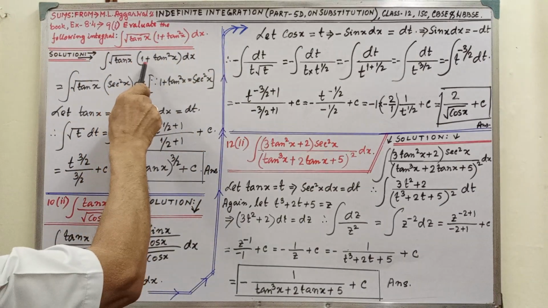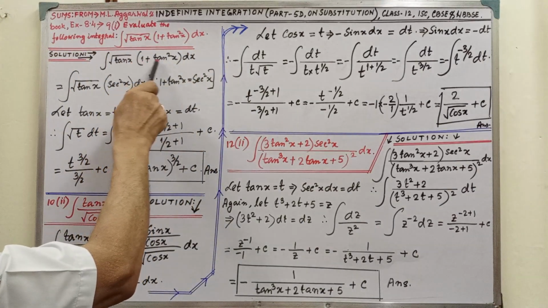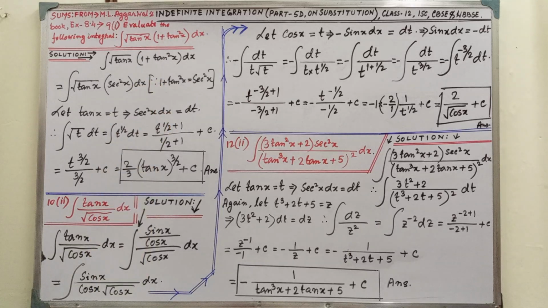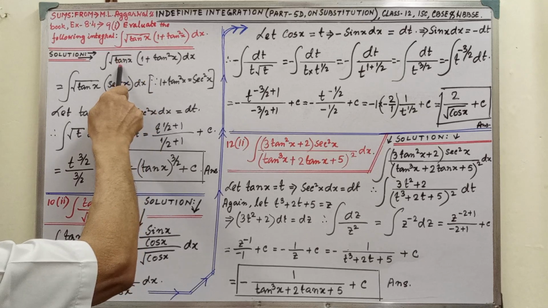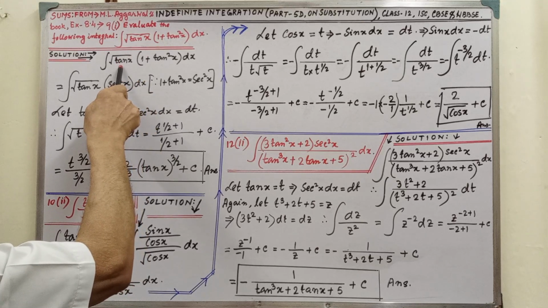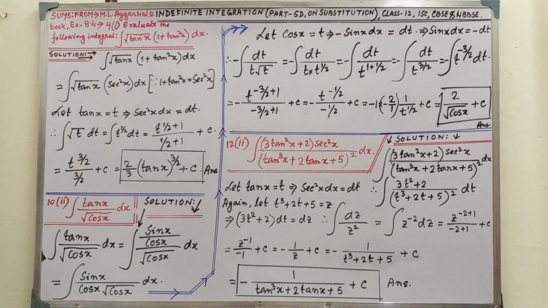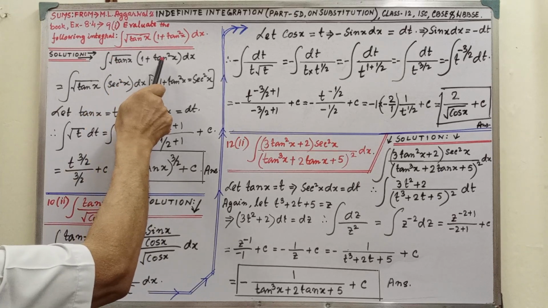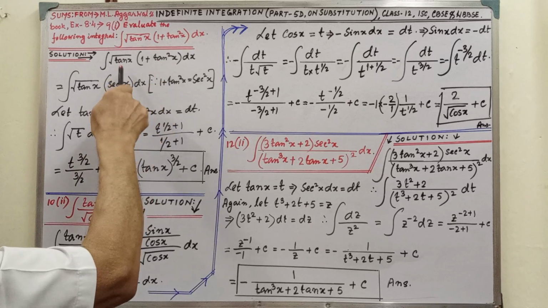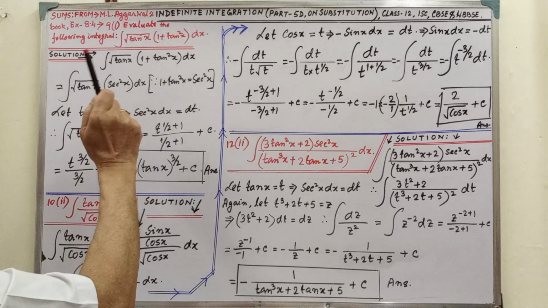Here, if I consider 1 plus tan x whole square, then by differentiation we will not get the remaining part of the expression. If I take this, then also we are not getting this. This is why we have to simplify first, then we have to let.